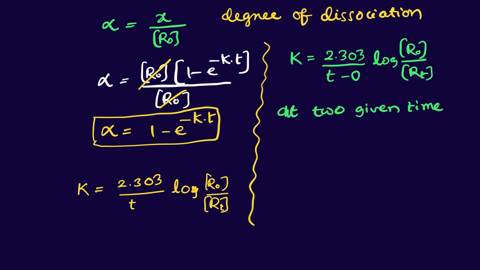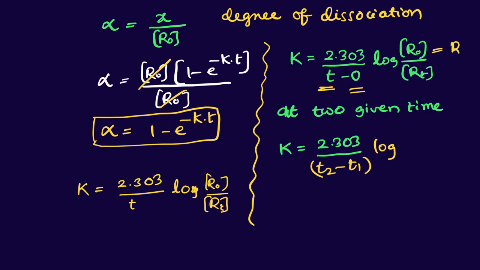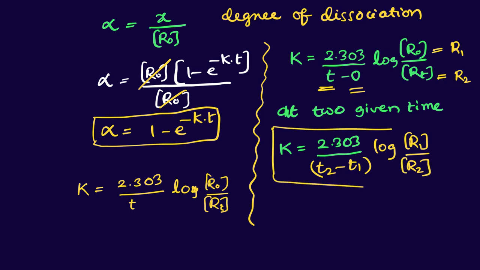At that time this can be represented as k, otherwise at two given times, this equation can be represented as k is equal to 2.303 by the final time, therefore t2, minus the initial time, therefore t1, log R1 concentration by R2 concentration at the two given times.